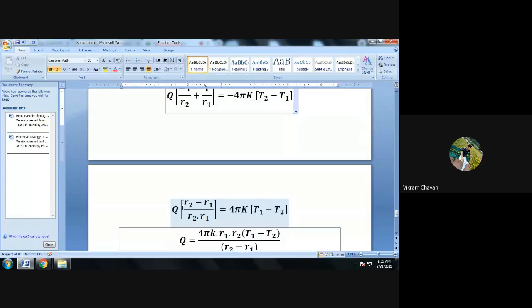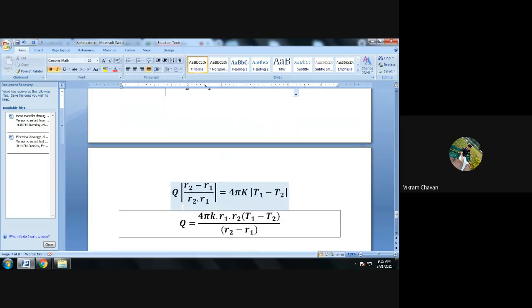Now we require the equation in the form of heat transfer. Just rearrange the terms in the form of q. We'll get the heat transfer equation for the sphere. We have transferred this particular bracket to the other side so that the equation is converted into the form of heat transfer. So q as heat transfer will be equal to 4 pi k multiplied by r1 multiplied by r2 inside bracket t1 minus t2 whole divided by r2 minus r1.